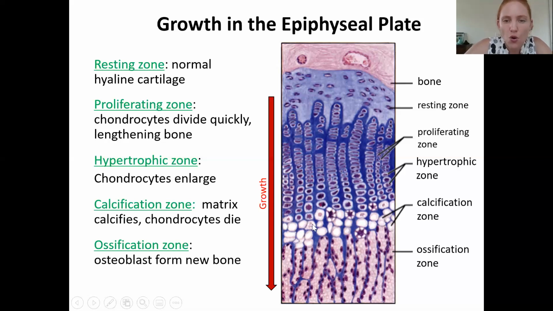Once it becomes calcified, those chondrocytes are not going to be able to get what they need. No oxygen, no nutrients. They start dying off. And then we're in the ossification zone. What does os mean again? Bone. So those chondrocytes will die off, and now we've got our osteoblasts, and the osteoblasts are going to do what osteoblasts do. They're going to create and make the bone tissue.